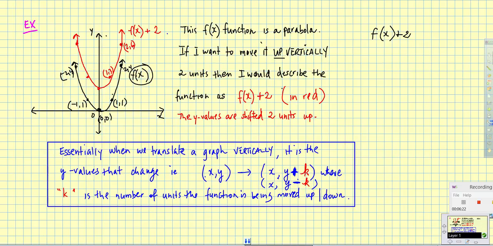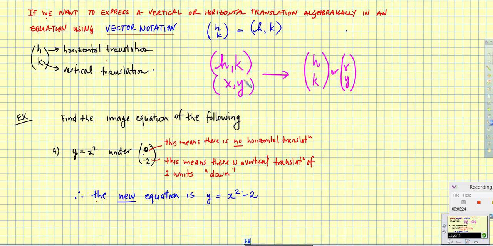Okay, next one. If we want to express a vertical or a horizontal translation algebraically, we can use what's called vector notation. So we're going to be looking at vectors. I'm going to write down a vector that's h, k. This is just another way of writing our x, y coordinates.